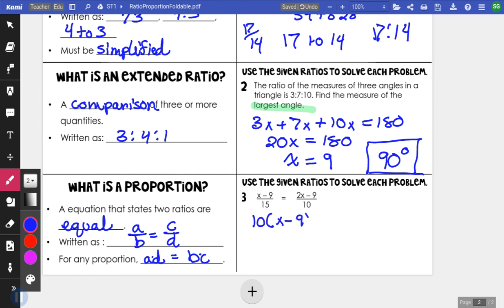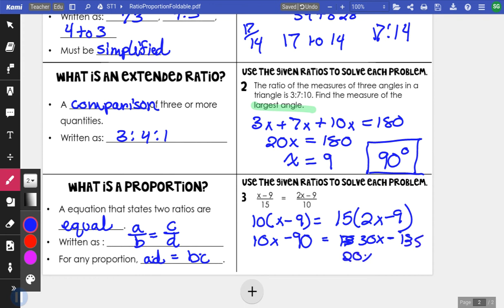10 times x minus 9, so those are the extremes, times the means. 10x minus 90 equals 30x minus 135.